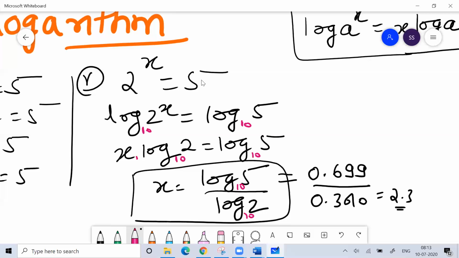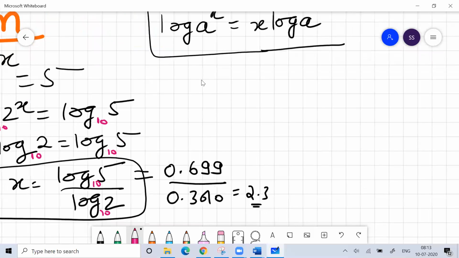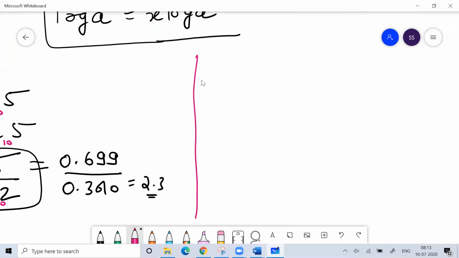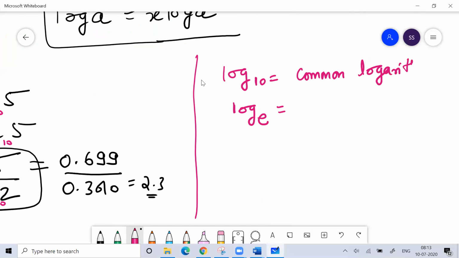The same way in logarithm, if your base is 10, we normally don't show that. More or less, whenever we talk about log, the base is either 10 or e. Base 10 is called common logarithm, and if your base is e, we call this a natural logarithm.